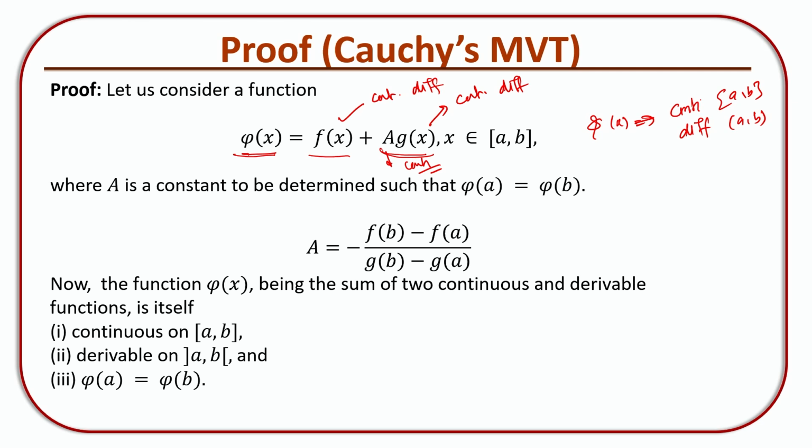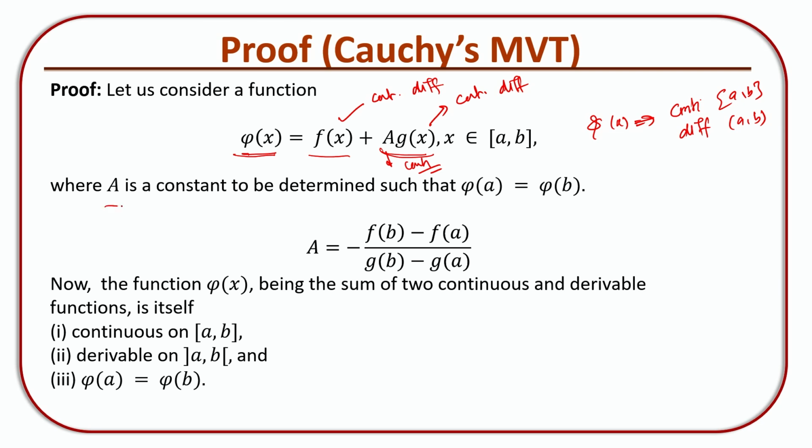Why? Using the algebra of continuity as well as the algebra of differentiability, where we have seen that the sum of two continuous functions is continuous and the sum of two differentiable functions is differentiable.